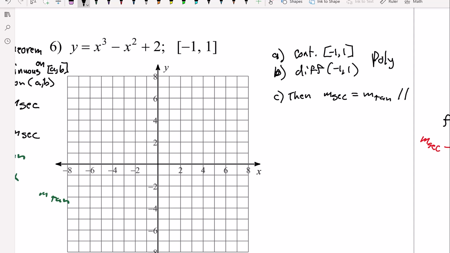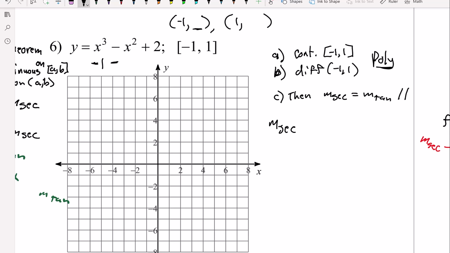Okay, so this is a polynomial, so we know the function is continuous, which means it's differentiable on any of the intervals on a polynomial. Then there will be a point where m secant, the slope of the secant line, will equal the slope of the tangent line. So let's find m secant first. When we plug -1, we're going to get a value, and when we plug 1 in, we're going to get a value. -1 cubed is -1.